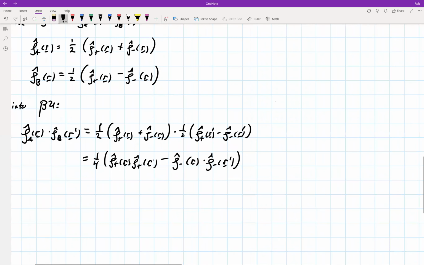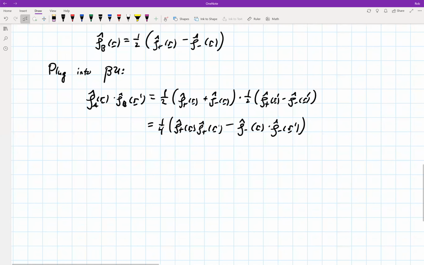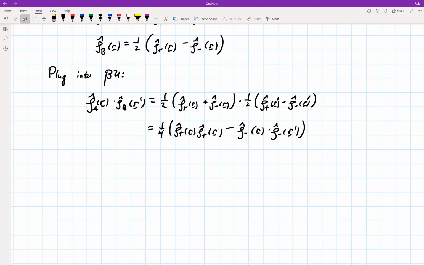Okay. And so now we can actually plug this into beta u, or into the pair potential. So now we have chi integral dr prime, and I'm going to bring the 1/4 out into the prefactor. And so then we will have, let me see, I want to make sure I get this clear.